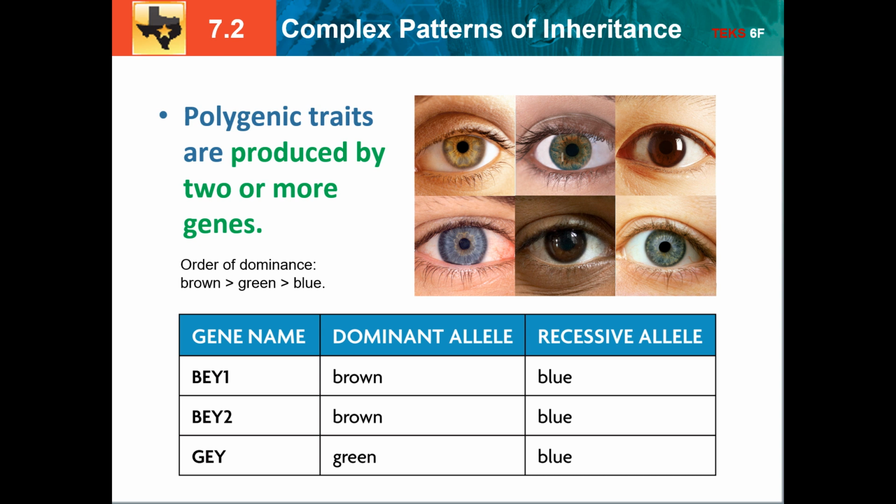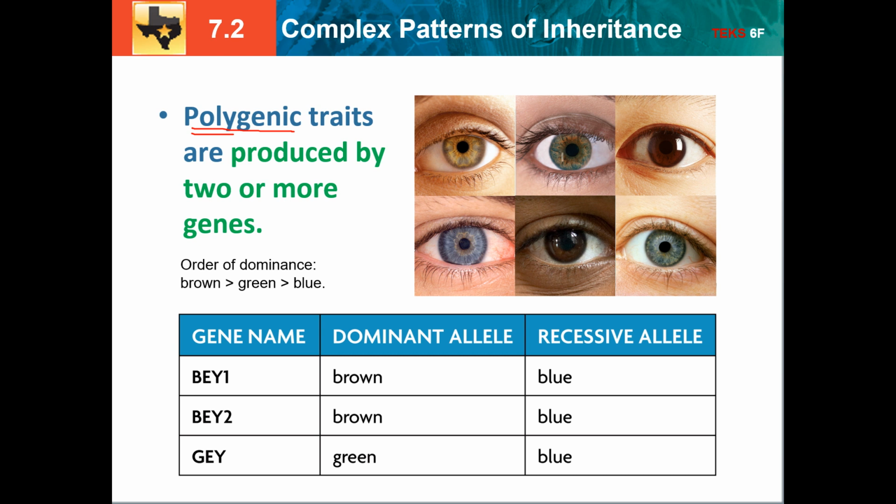Okay, and so we talked about multiple alleles. Well, there are also many traits that are known as polygenic traits. Poly meaning multiple genes. So it's traits like eye color that aren't determined by one gene, like blood typing, but determined by more than two genes.